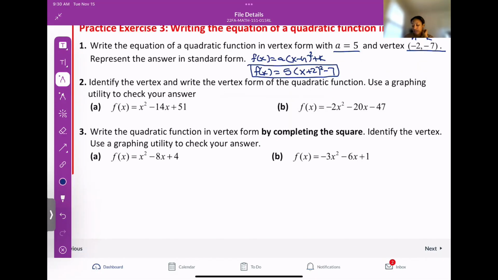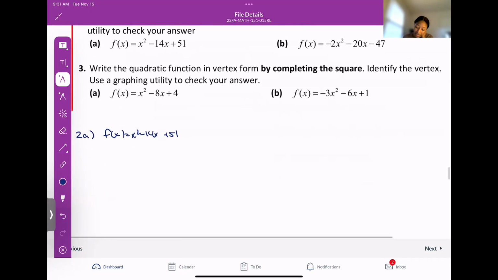Part B says identify the vertex and write the vertex form of the quadratic function. For number 2a, I have to write down here f of x equals x squared minus 14x plus 51. We can use what we did previously to find the vertex. So x is going to be equal to negative -14 over 2 times 1, which would be 14 divided by 2, or 7.